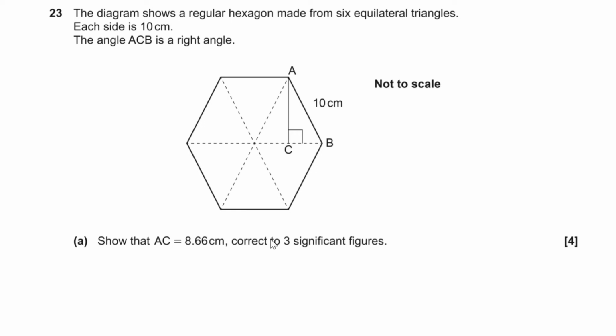Well, if we have equilateral triangles, then if we draw this on accurately, from here to here we would have 10 centimeters, and from here to here we also have 10 centimeters.